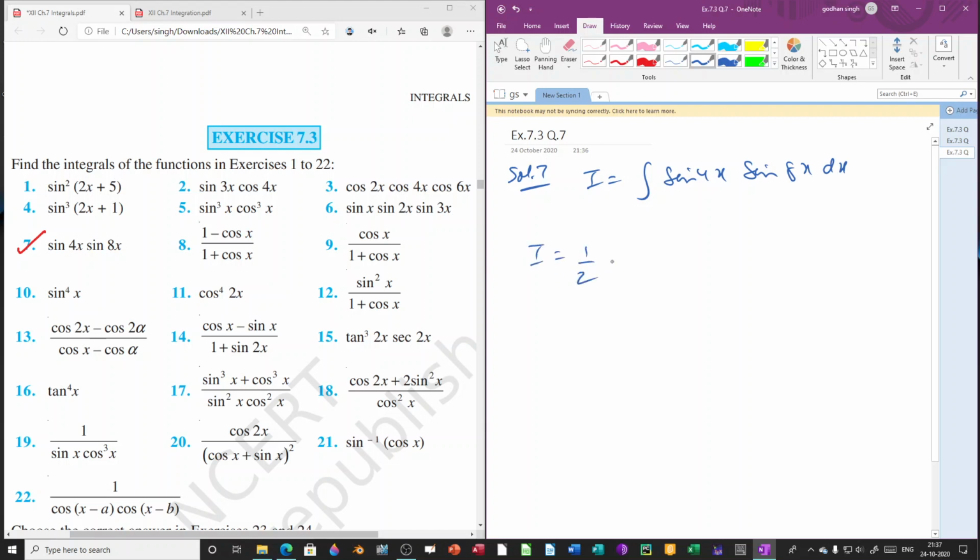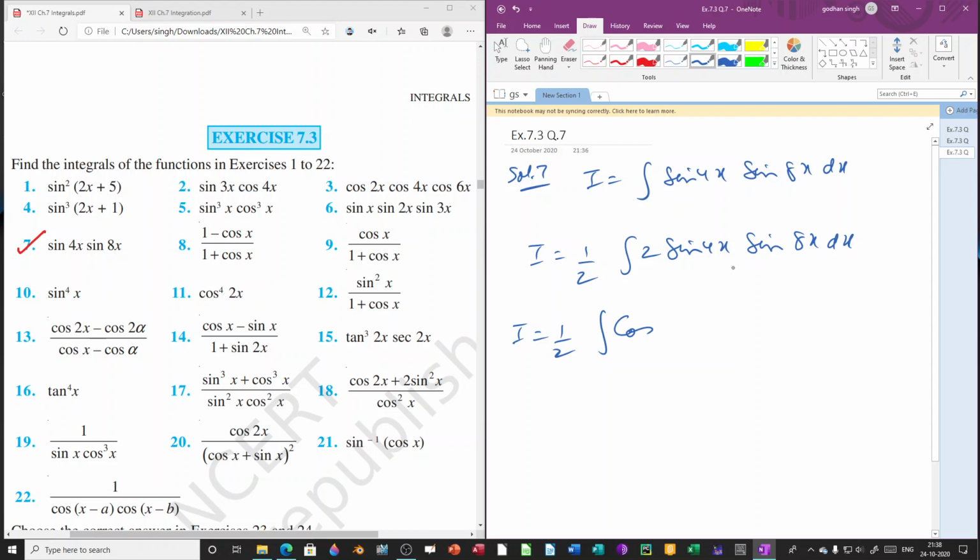I equal to half integration of 2 sin 4x into sin 8x dx, and we will be using here the formula of 2 sin x into sin y. So this will become I equal to half integration of 2 sin x into sin y is equal to cos of x minus y. So this is our x and this is y.